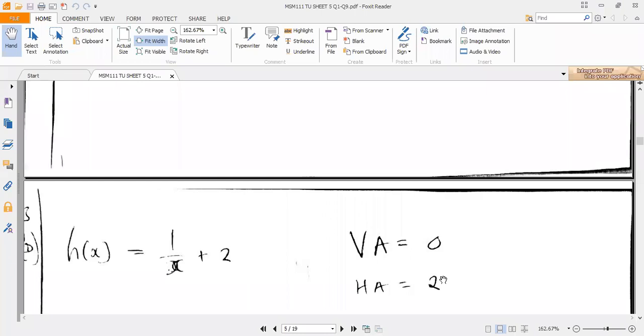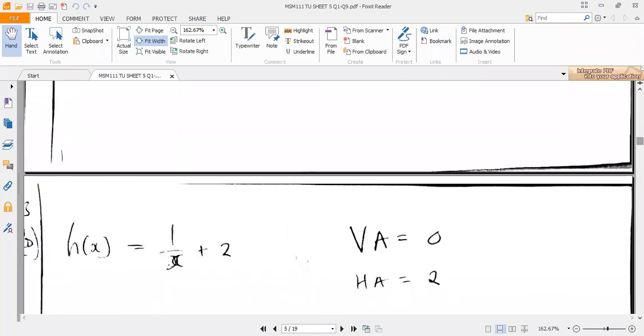No, no. I don't understand. Listen, what will be the value for this function here? Remember what I said earlier, that when the power of the denominator is greater than the one of the numerator, your horizontal asymptote here is simply 0, right? Yes.